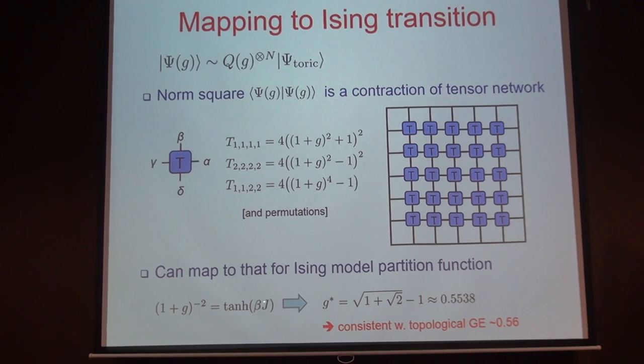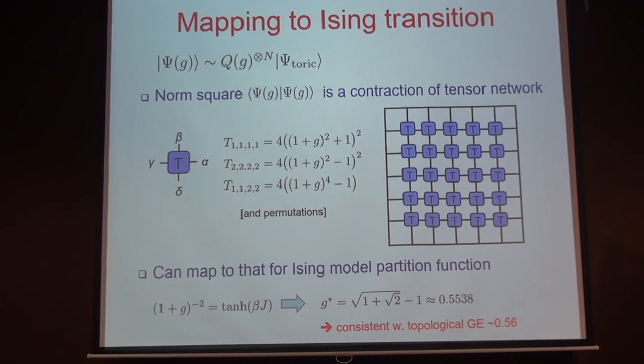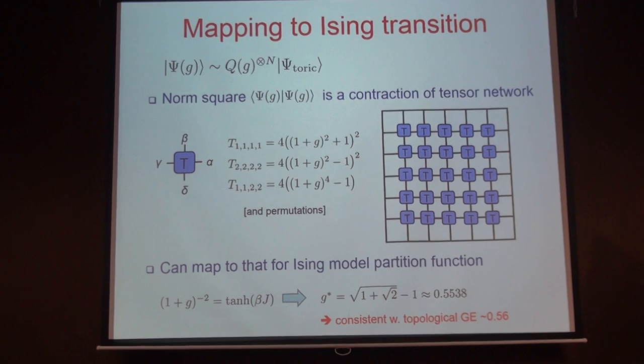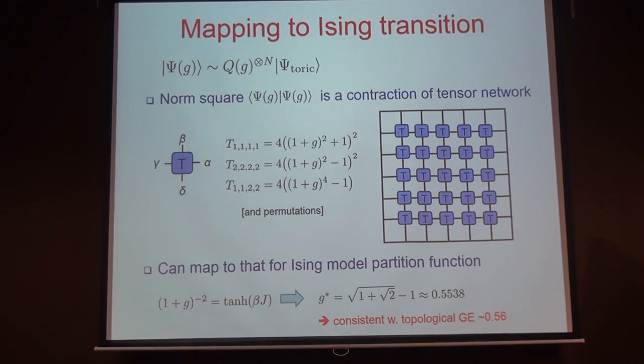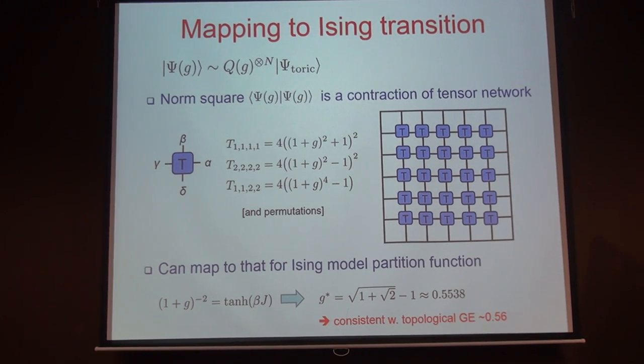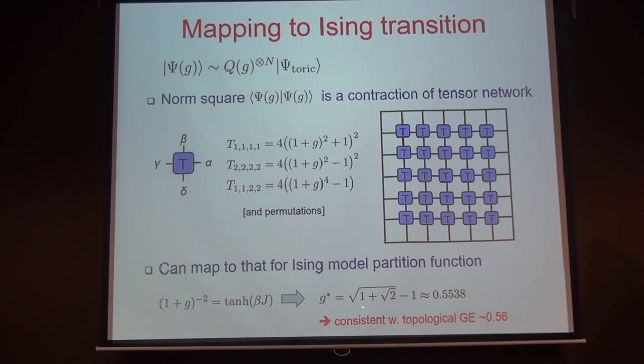So beta is inverse temperature, J is the coupling in the Ising model. By mapping this to a classical model, and by knowing the exact value of the Ising transition, we can infer the transition for the deformed toric code. And we get the exact number, which is very close to the numerical number.